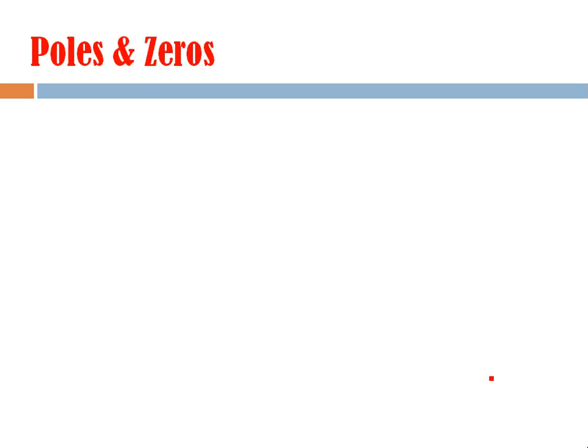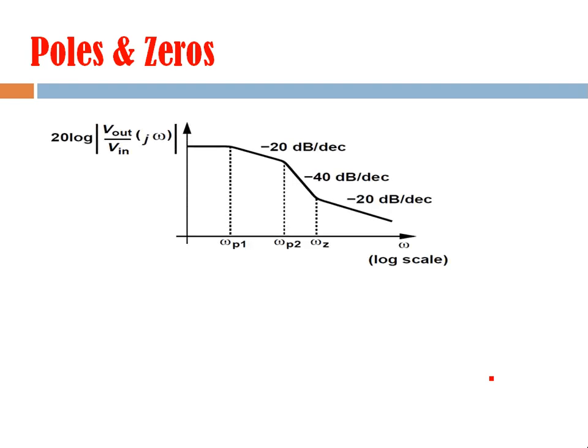Now another important concept which we must understand while studying the frequency response of any circuit is the concept of poles and zeros. Most of the time we see that the gain of any system, especially amplifiers, decreases like this with frequency. In this range the gain is constant, but at this particular frequency its behavior changes. Again at this it is further changing, and at this corner it is again changing.